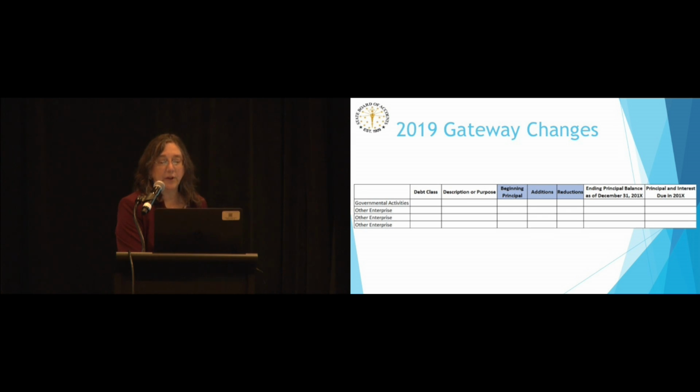In 2019, you will also add the beginning principal balance, which was the original issue. Once you've entered that, it will roll over. Again, even with all of that, make sure you're double checking to make sure it's correct. You need to add any additions, which probably aren't going to be real common, but if you have new bond proceeds within that bond, new bonds will have to be added. That's another line.